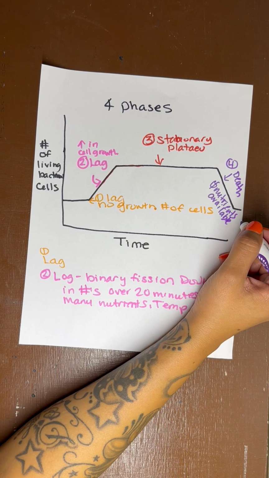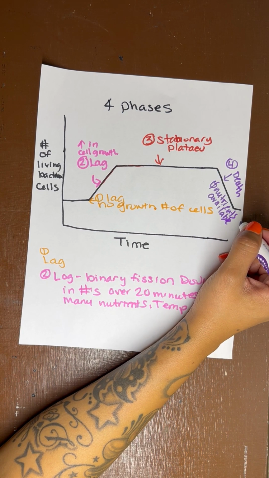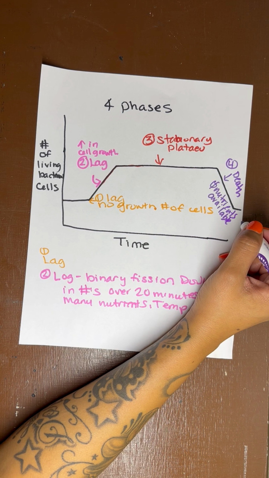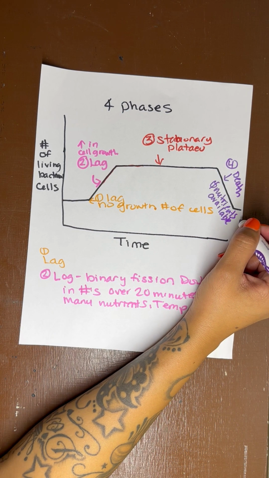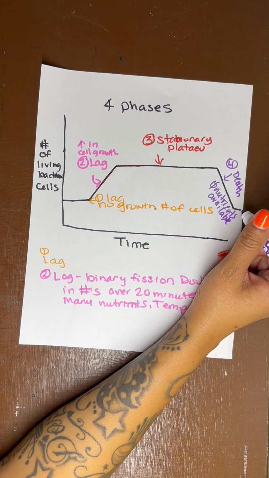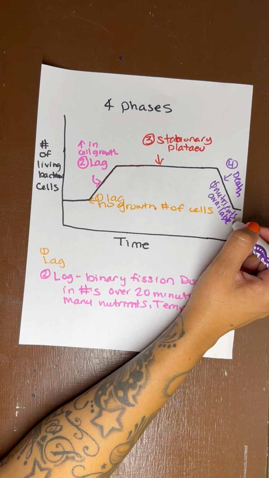The cells die because the nutrients available in the environment are not available for the cells to live.